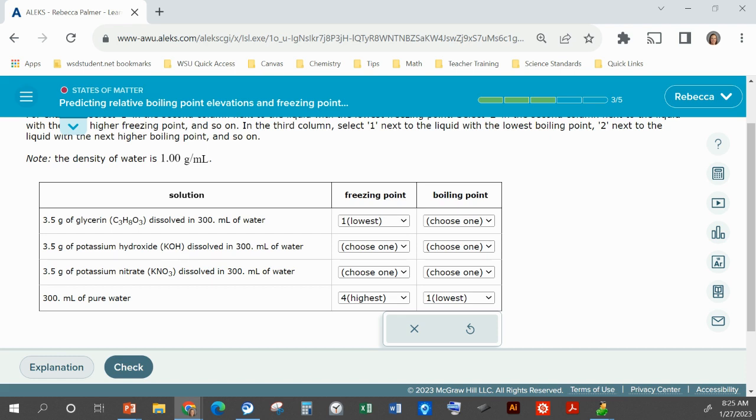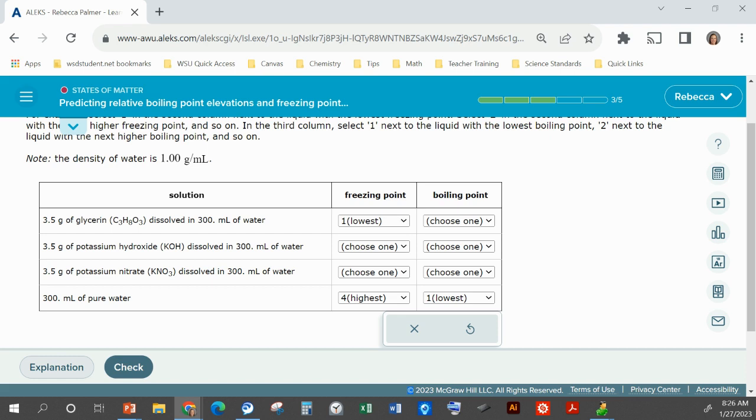If it has a bigger molality, this one will be what is it? Lowest, yeah. Number 1 will be the lowest freezing point. This has the greatest effect. So the lowest freezing point will have the largest molality. Okay.